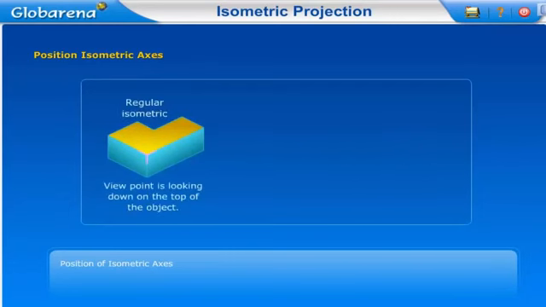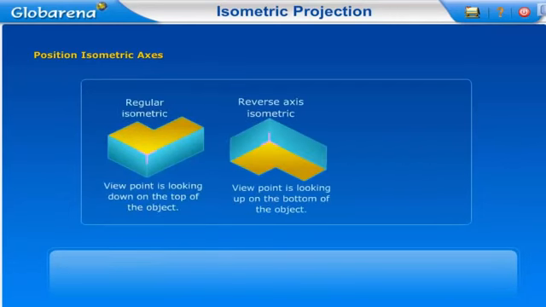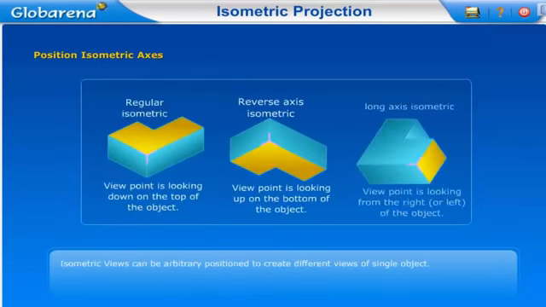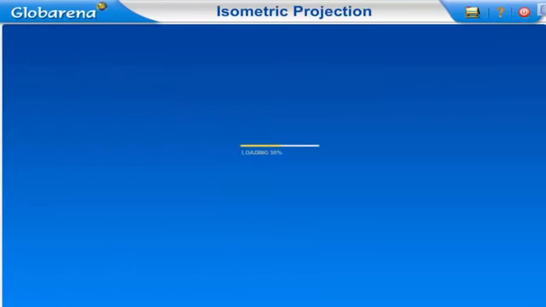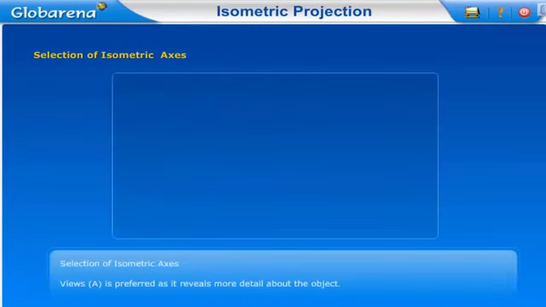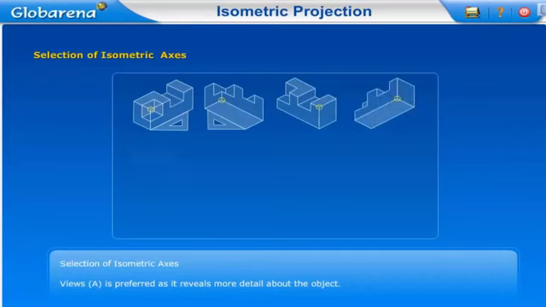Isometric views can be arbitrarily positioned to create different views of an object. Selection of isometric axis. View A is preferred as it reveals more detail about the object.